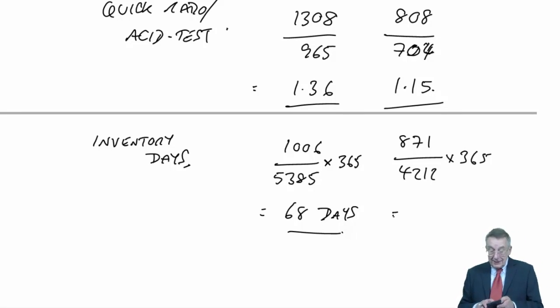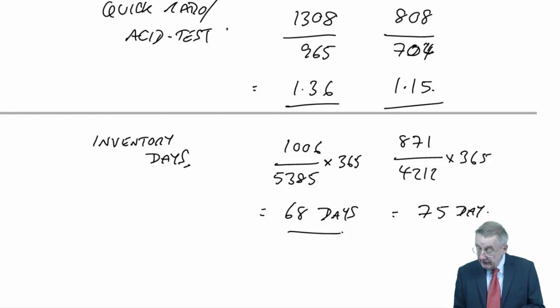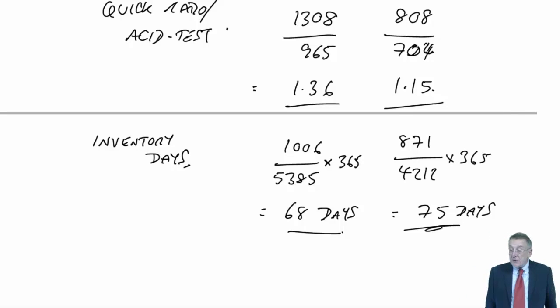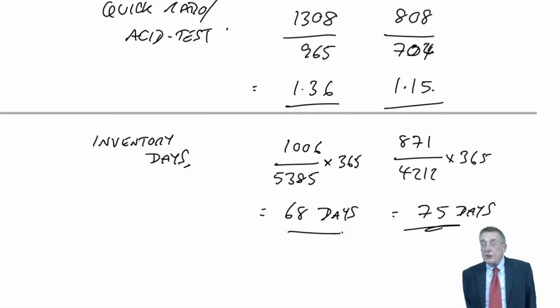And so last year, ooh, 75 days, which strikes me as even worse. Again, I don't know what it is they're producing. There could be a good reason for it, but 75 days seems an awful long time. The fact we've managed to reduce it, I would have thought, is probably a good thing.